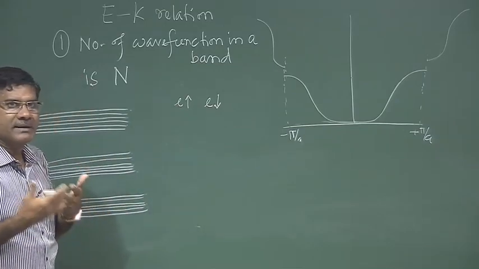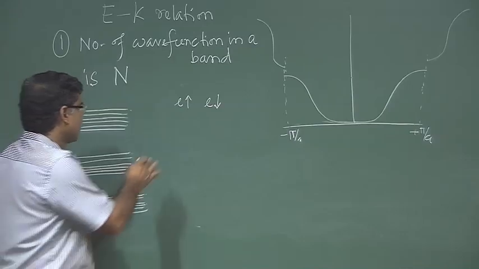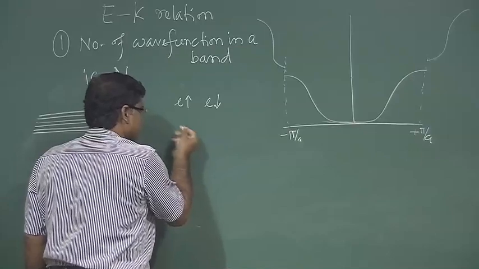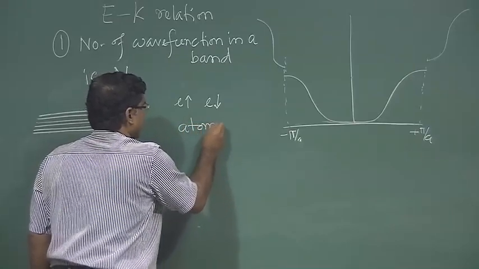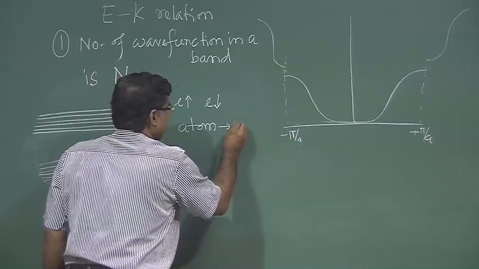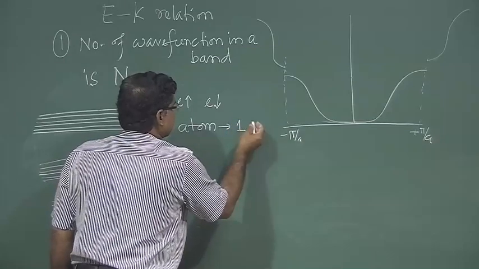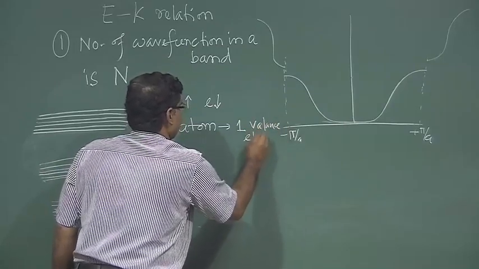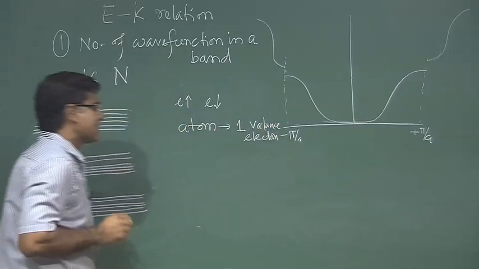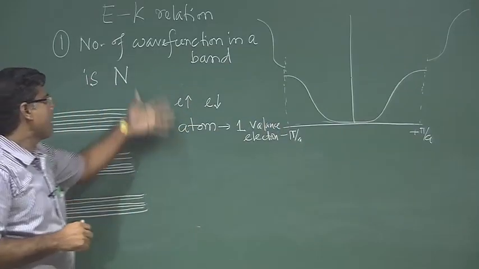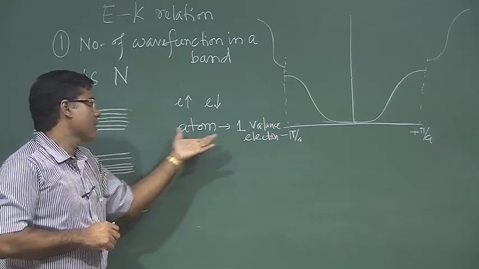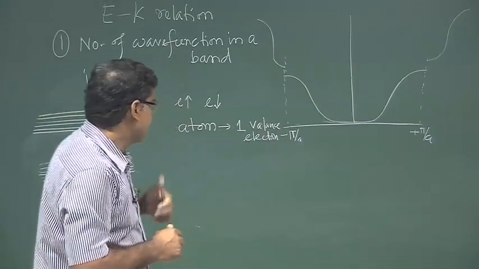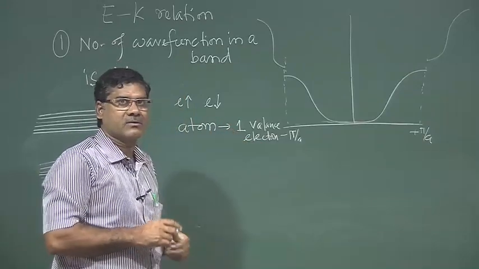So, if you take a material which is made of an atom, and that atom has one valence electron, right, then n primitive unit cells means n atoms will be there. So, n free electrons, valence electrons, will be there.